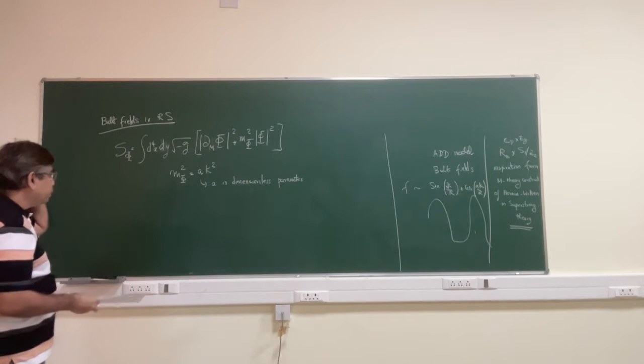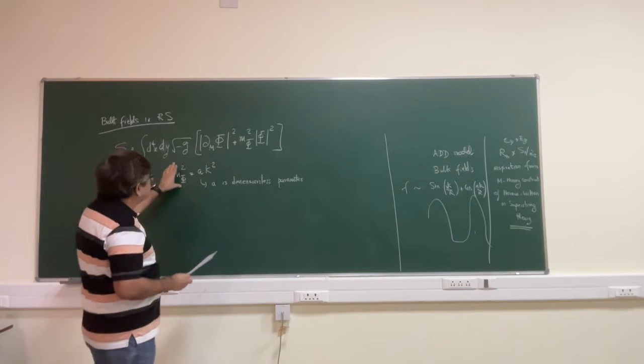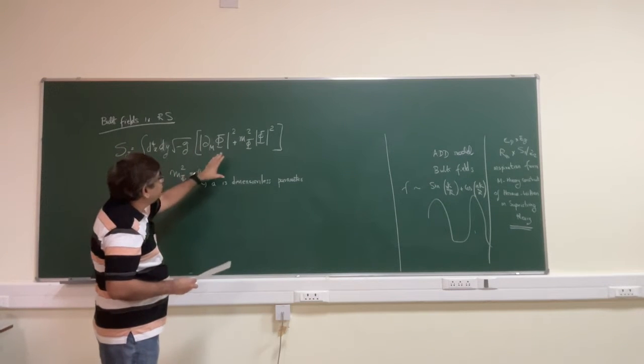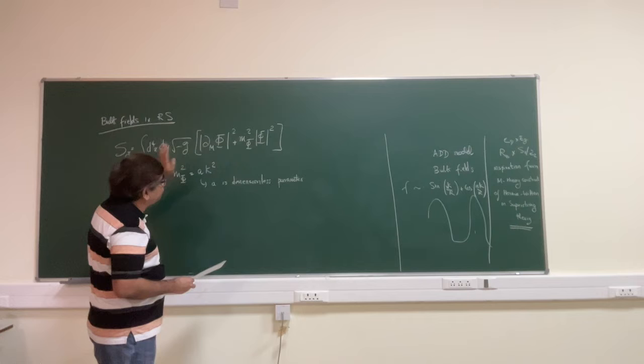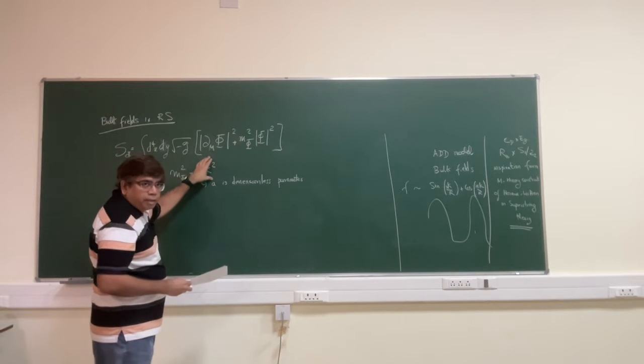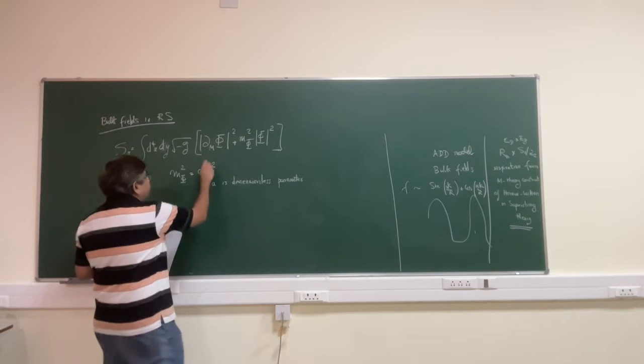So this is the basic idea, that you use the bulk masses, always bulk masses, even for fermions or for scalars, always write them in terms of some coefficient times the K, the bulk warp factor.